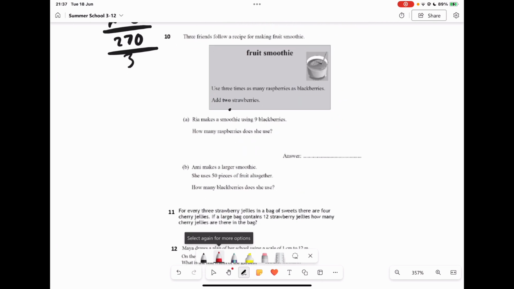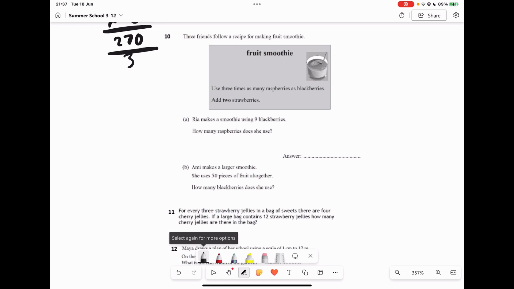Question 10. 3 friends follow a recipe for making fruit smoothie. It says to use 3 times as many raspberries as blackberries, and also add 2 strawberries. Ria is making a smoothie using 9 blackberries. How many raspberries does she use?